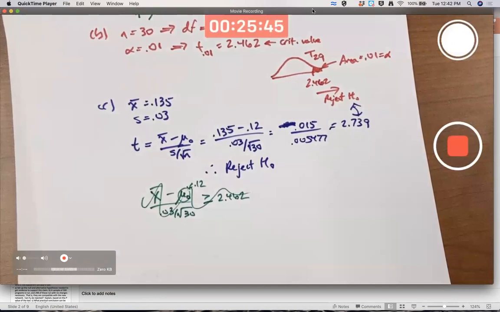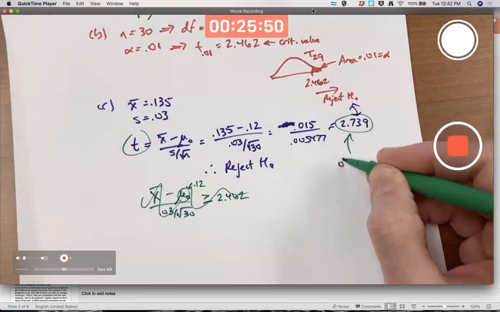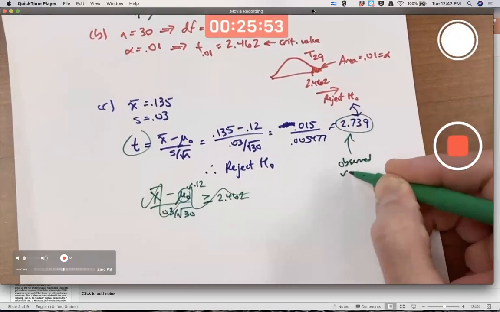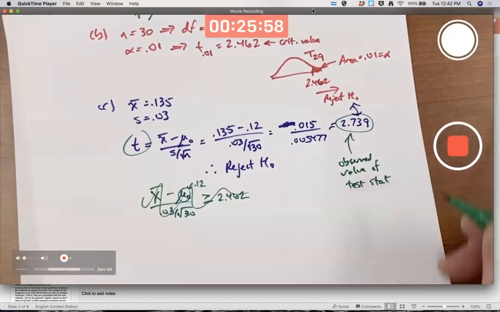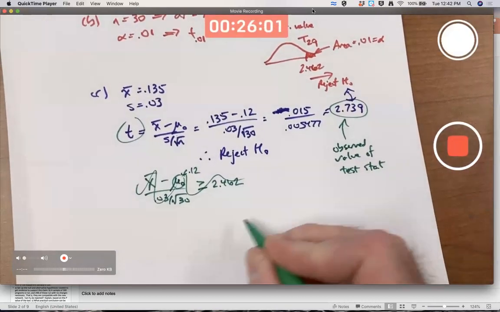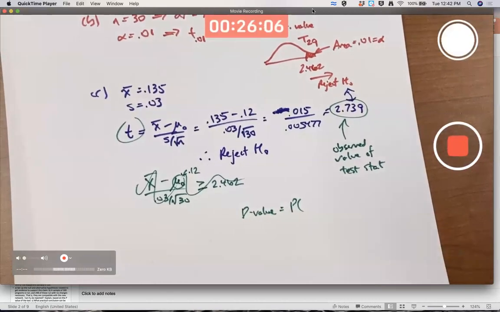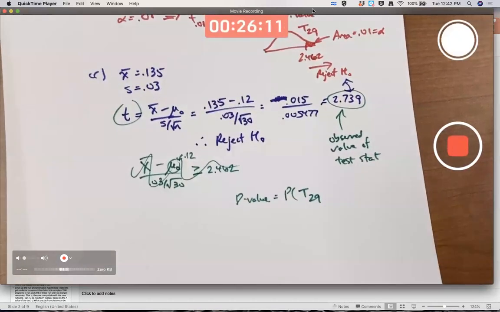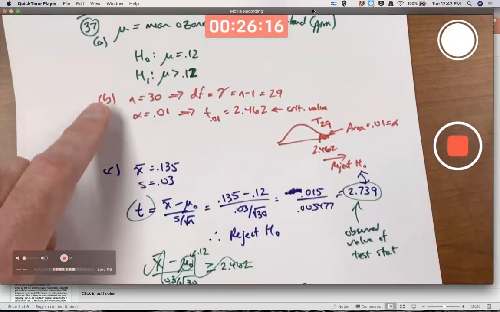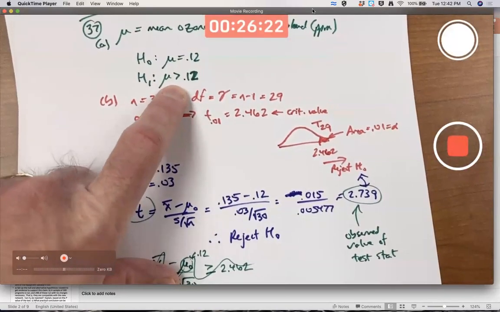The test statistic is T. There's the observed value of the test stat. So as far as the p-value goes here, it's the probability of observing a test statistic, which would be from a T29 distribution, a T29 random variable, as extreme or more extreme, where as extreme or more extreme is always with respect to the direction of the alternative hypothesis, which is right-tailed here.